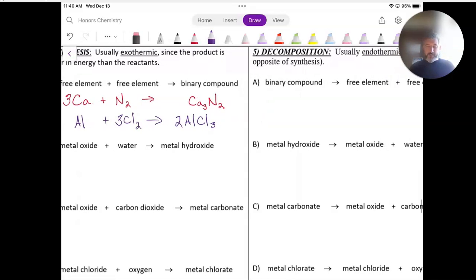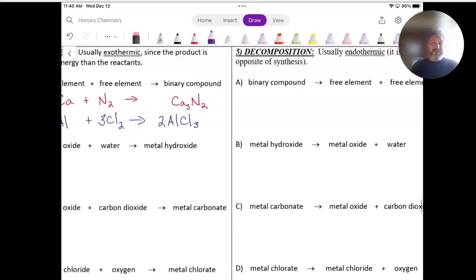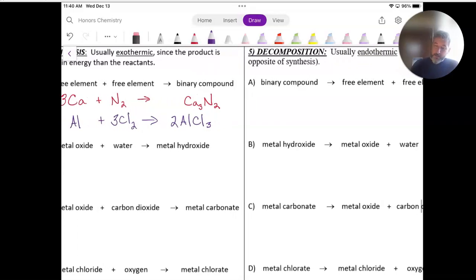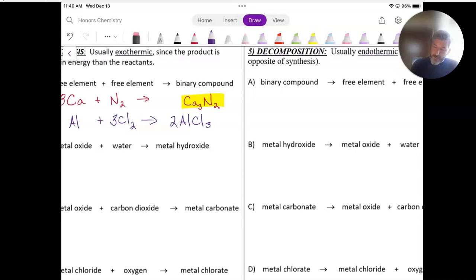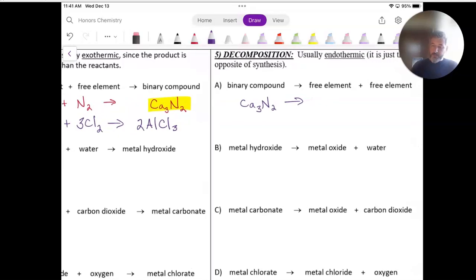And of course, decomposition would be just the opposite. And in fact, I could even take the product of my first reaction and basically just flip it completely around. So if I make the product, calcium nitride, into my reactant, in other words, we're starting with a binary compound, calcium nitride, and we're breaking it up into free element plus free element.